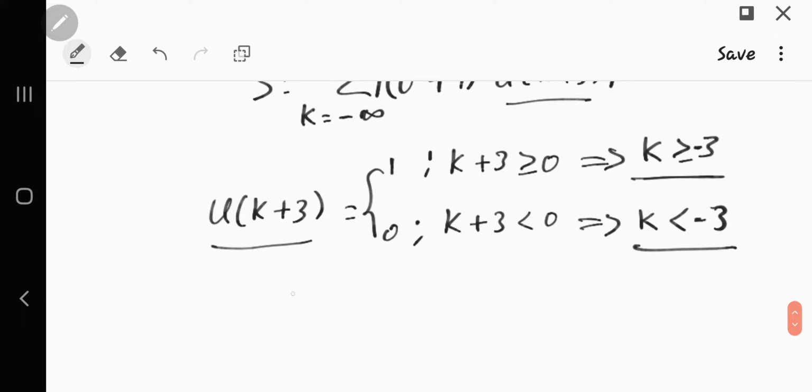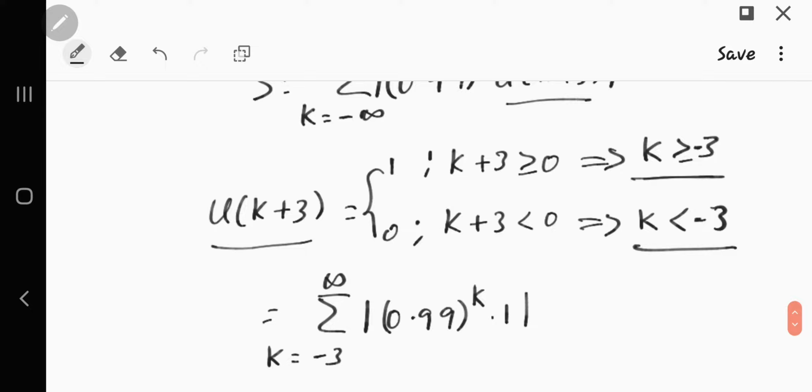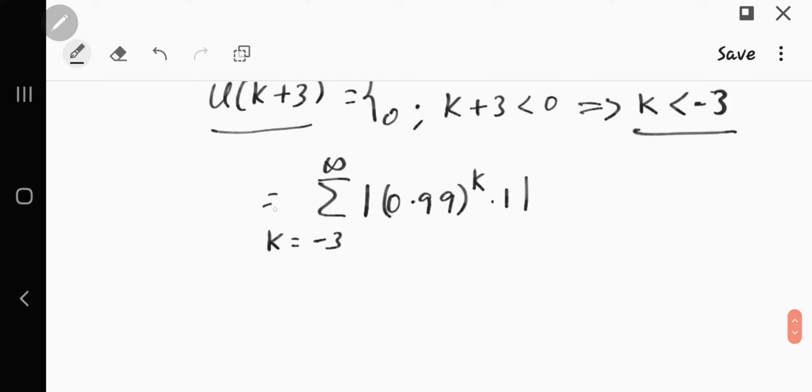So our limit changes from summation k is equal to minus 3 to infinity 0.99 to the power of k into 1. Now we have the limit varying from minus 3 to infinity. So for my convenience, I am trying to bring this to some standard geometric series form.